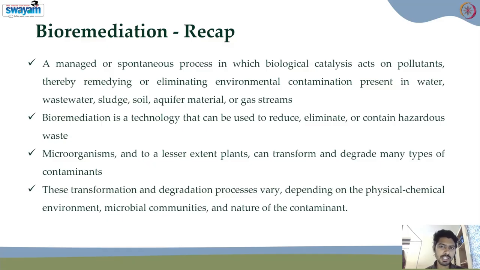Why microbes especially? Then we have seen the advantages and disadvantages of bioremediation, followed by different types of bioremediation, which is in situ, intrinsic bioremediation, engineered bioremediation, and ex situ bioremediation.